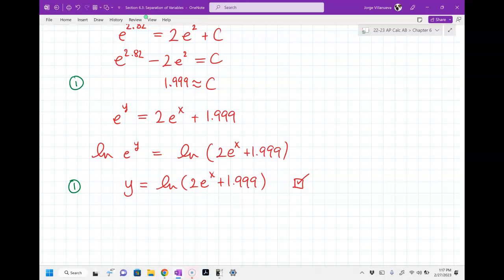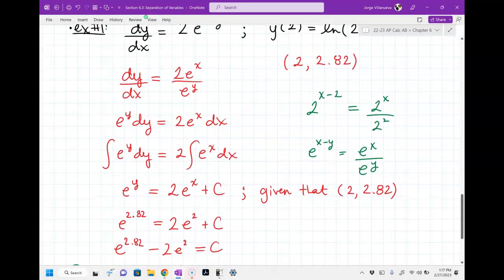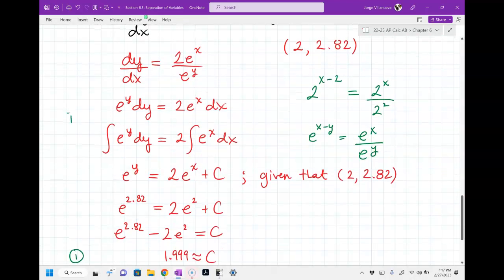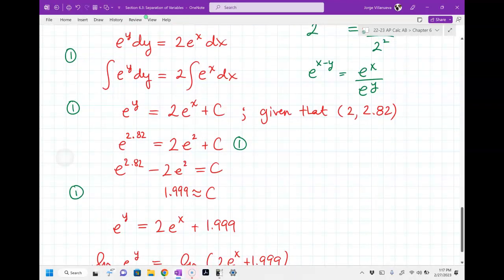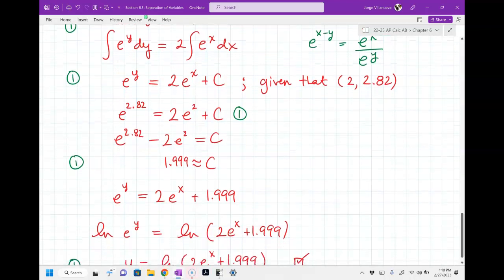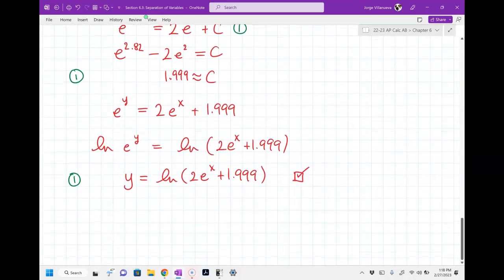That's what they usually say, using the initial condition. There's definitely going to be one in separating the variables, one in integrating, and most likely one in putting that plus c there. So this would be your 5 points: separation of variables, your integrals, making sure you put the plus c, using your initial condition, finding your actual particular solution.